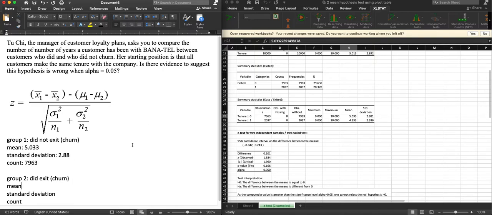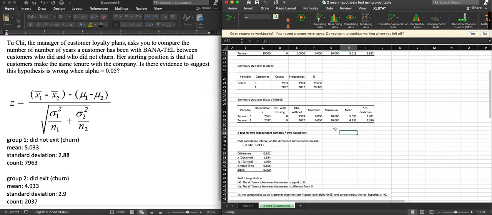The group, if you did churn, group 2, their mean is 4.933. Their standard deviation is 2.9, and the count is 2,037. So I'm just copying this information.